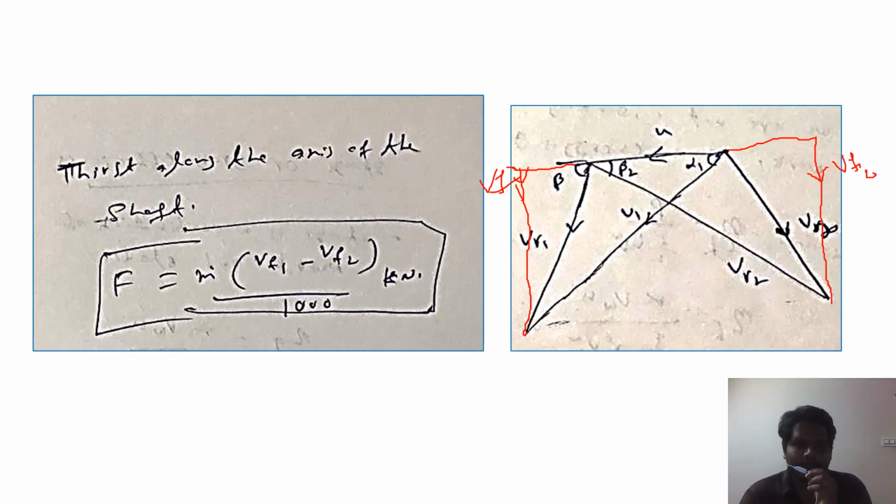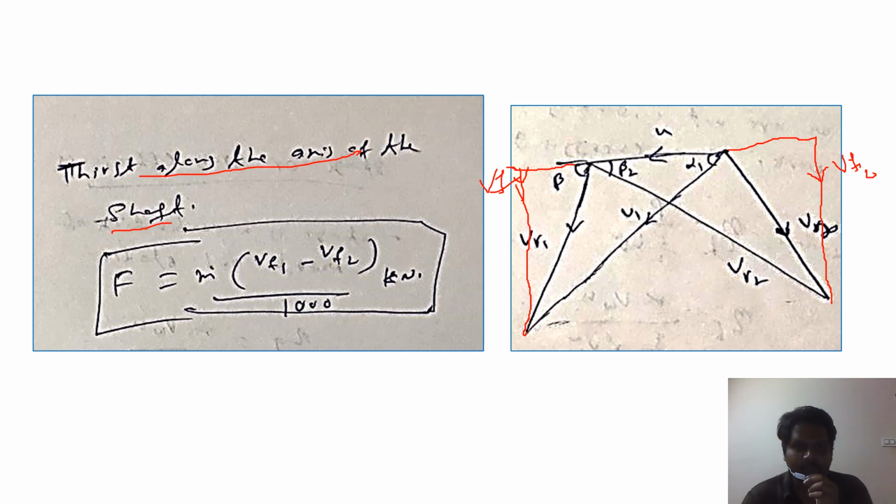Thrust along the axis of the shaft. Okay. When steam flows over the blade, it exerts a force on the blade. Since the blade is connected to the shaft, it will rotate. So there will be a thrust force on the shaft.